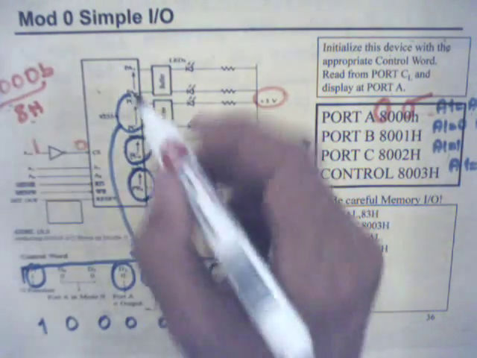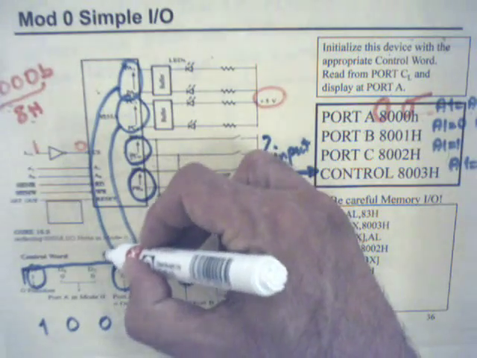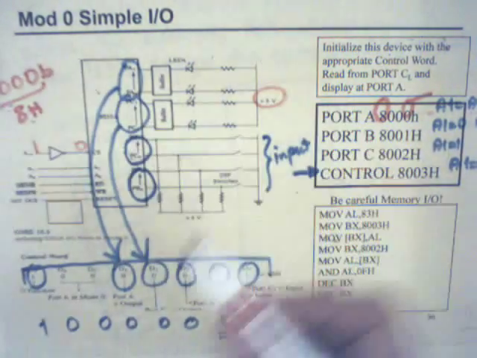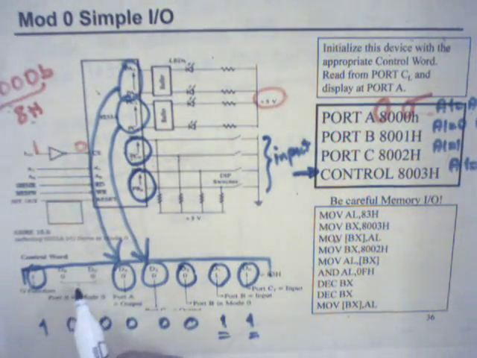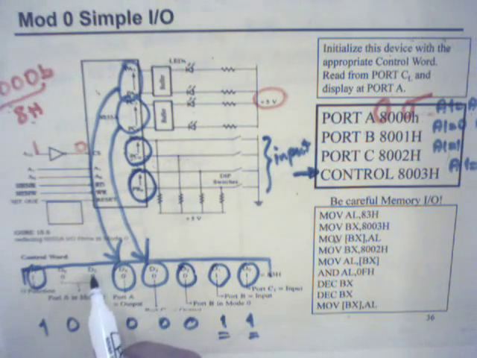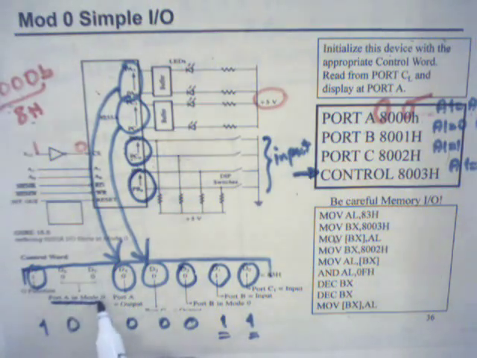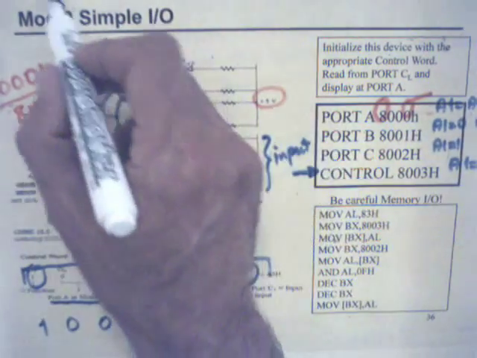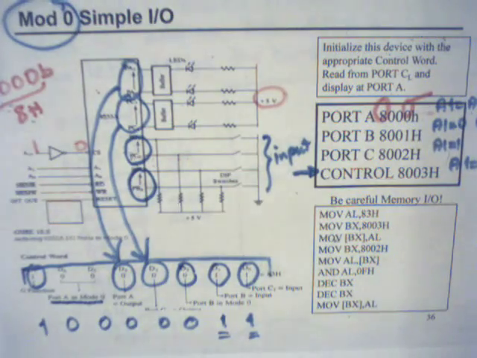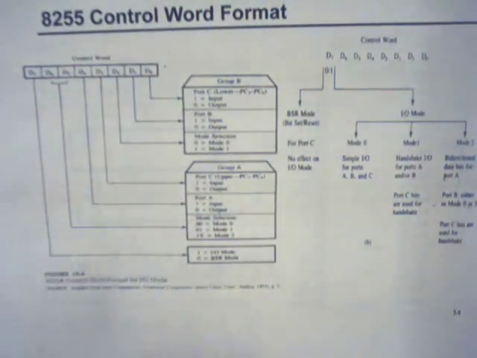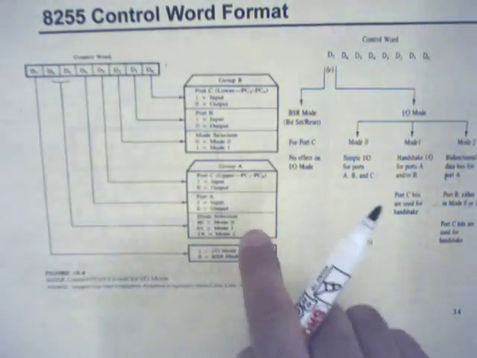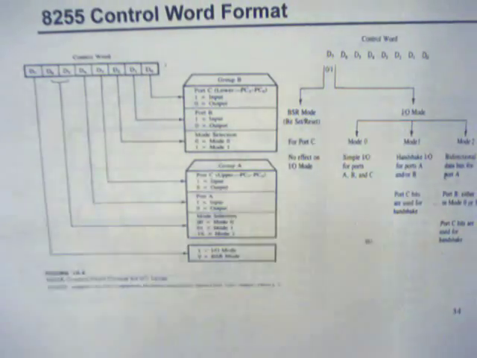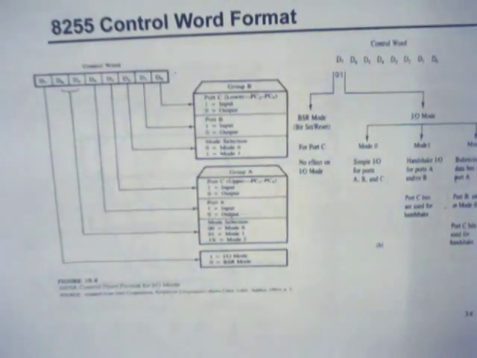Port A, again output, is programmed to be output by setting this pin to 0, and D6 and D5 00 information programs port A in mode 0, which is this, and group A 00 mode 0 is selected, and this information is gathered from the catalog information of the 8255.